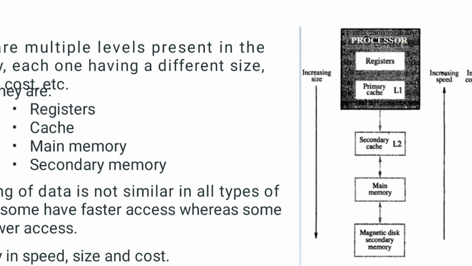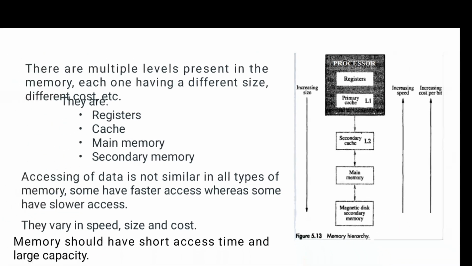Cost also increases here, but size reduces. So as the speed is increased, the cost that we have to pay for the same size of memory goes on increasing. Hence, for less costly memory we have to accept reduced speed, but with more memory capacity we can purchase. That is what this figure is representing.